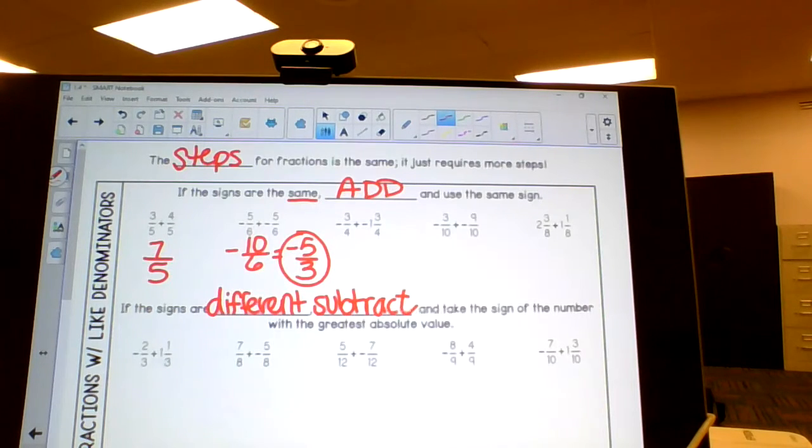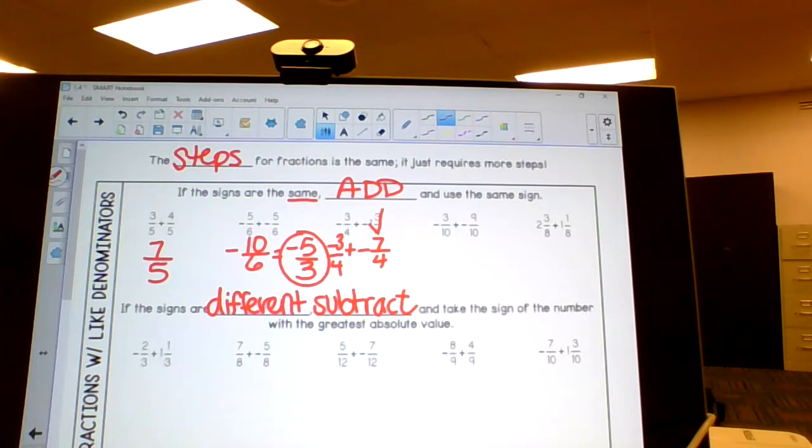Alright, the third one. Oh, I notice there's mixed numbers. I don't deal with mixed numbers. So I'm first going to change it to improper. So 1 times 4 is 4, plus 3 is 7. So that's negative 3/4 plus negative 7/4. Oh, they're both negative.